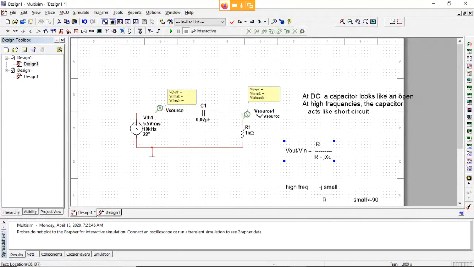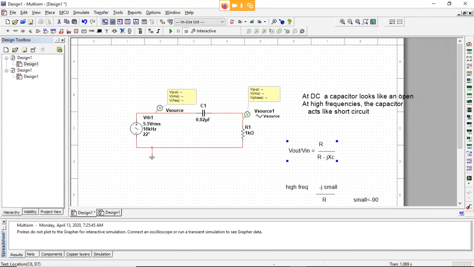So it's just looking at the AC response, the voltage divider response of this circuit. What is the voltage out compared to the voltage in? So when you're doing all these Bode questions, you really need to come back and think of this voltage divider circuit right here.